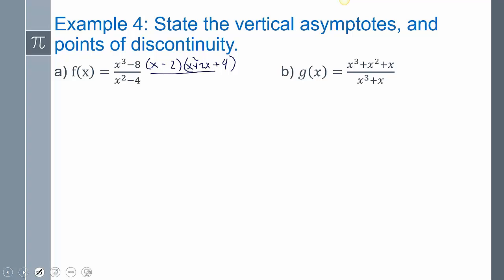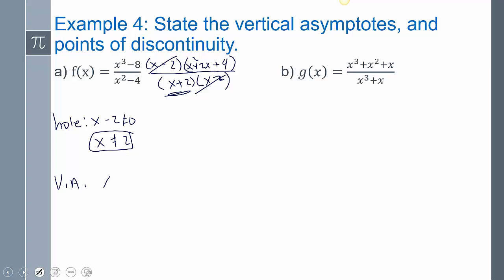And then on the bottom, this right here reduces, that's going to be my hole. So immediately I can say hole, x minus 2 can't equal 0, add 2, bam, there's my hole. Now everything else is my vertical asymptote. So x plus 2 cannot equal 0, x cannot equal negative 2. So there's my vertical asymptote.